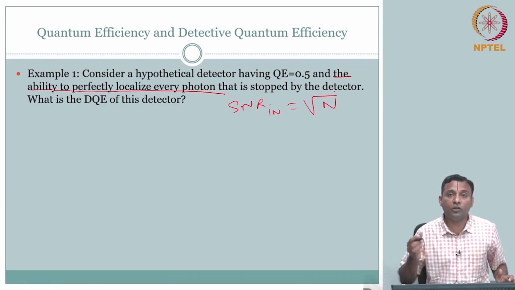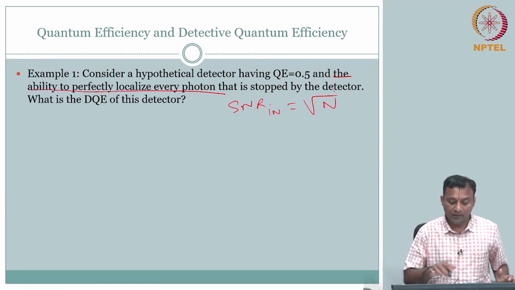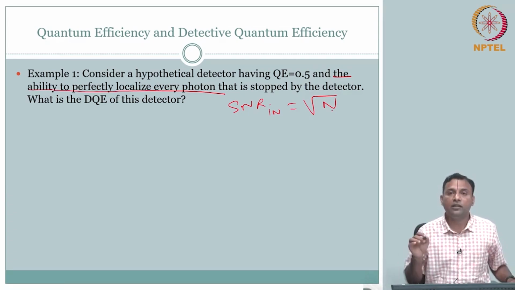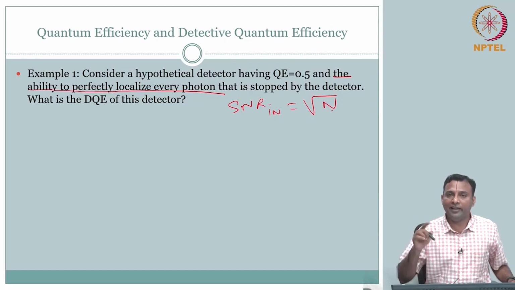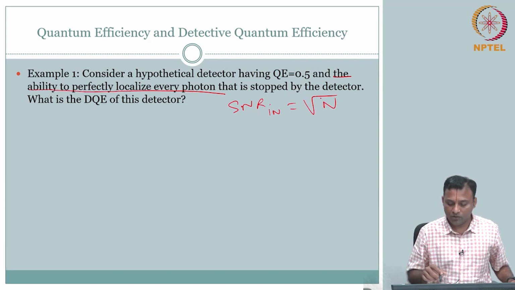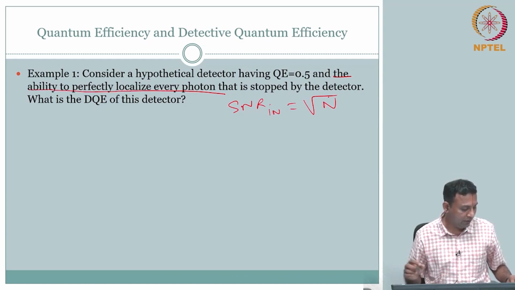We are not talking about contrast here, do not get confused. We are just talking about one photon, one location, so just the signal and the variation around the signal. Signal is your mean, variation is the fluctuation around the mean. Your noise is the standard deviation, the square root of your variance. So the signal to noise ratio is the square root of n, this is your intrinsic.